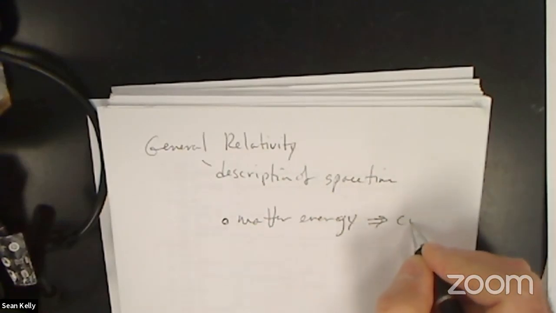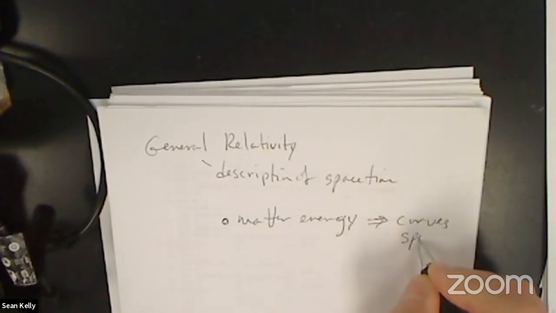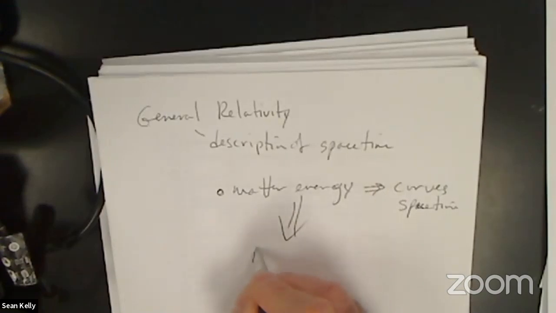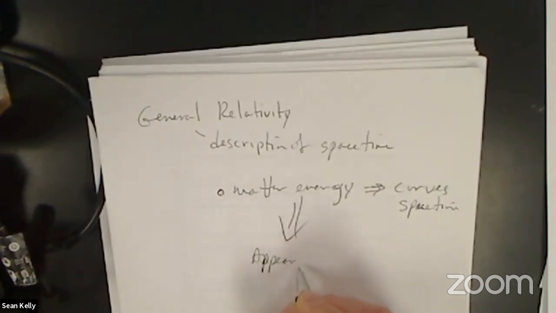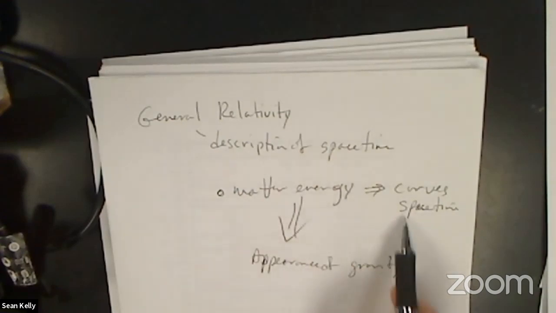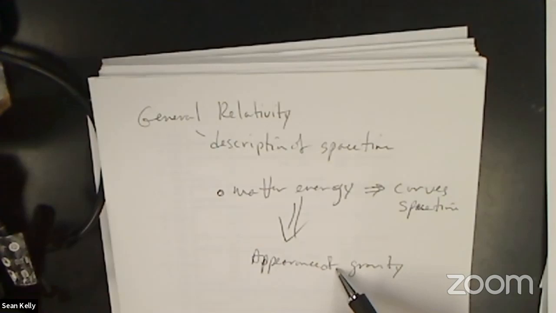It curves space-time as a result. And from all of that curvature and matter in space-time, we get the appearance of gravity, right? But it's a manifestation of this larger understanding of the curvature of space-time. So matter energy curvature of space-time causes the feeling of gravity that you and I are used to, or the attraction that we see in the universe, right?